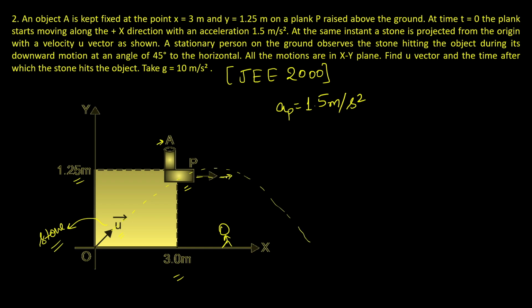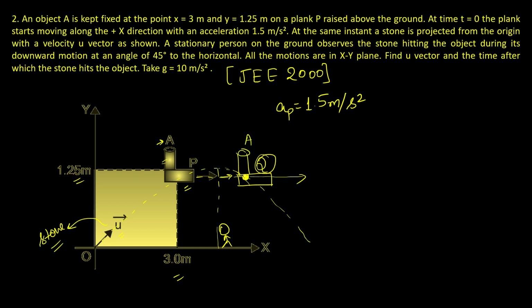So this stone basically hits this object A during its downward motion, like over here, because it is rising up to its maximum height like here, and then it is moving downward. And when this plank P or the object A reaches here, suppose at point Q over here, then this stone also reaches this point Q, so that this stone hits this object A, like it will be something like here, plank P and this object A.